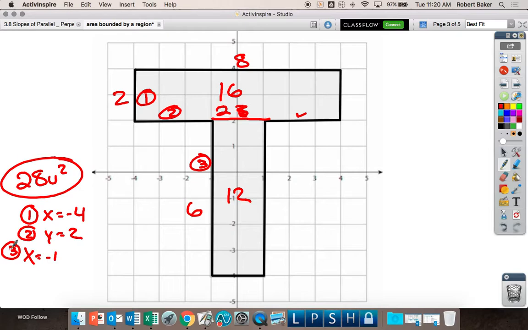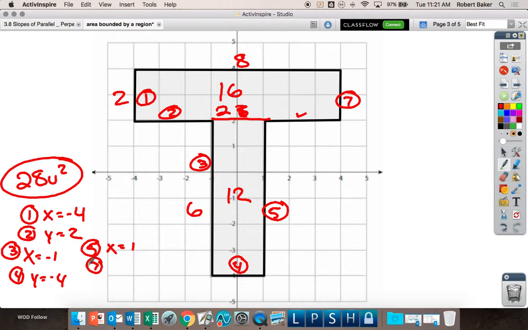X equals -1. X equals 4. I don't think we did 6.